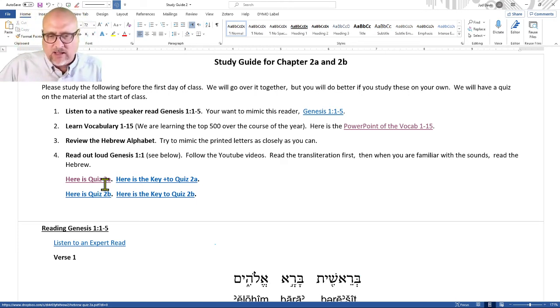If you can do any of that, that's as good as the chart in my mind. But do the thing that's helpful to you. The goal is to try to get where you can read through Genesis 1:1-5. And so that's our goal.